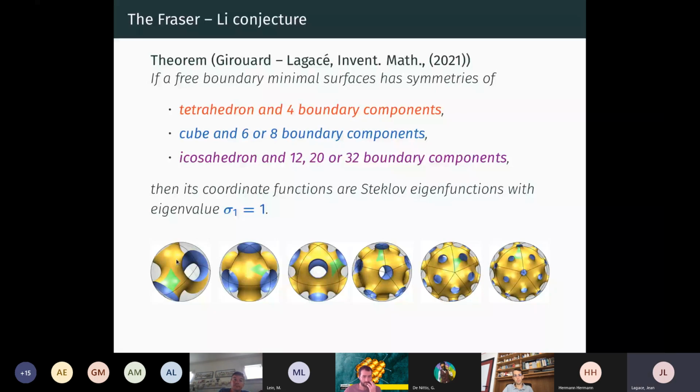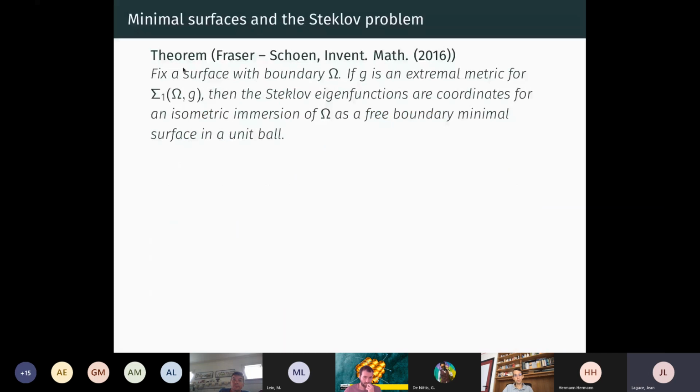Now, in their 2016 paper, Fraser and Schoen have proved that you can not only go from free boundary minimal surfaces to Steklov eigenfunctions, but the other way around as well.